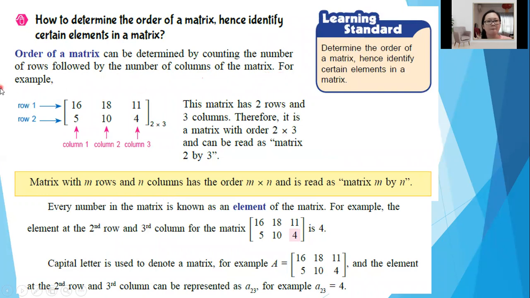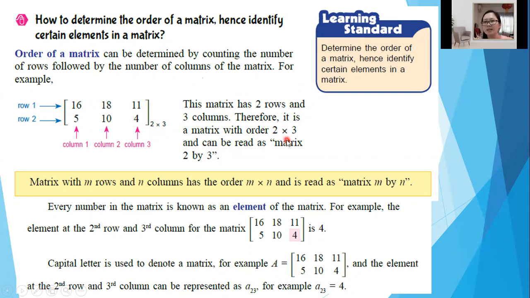For example, row 1, row 2. This matrix has 2 rows. Column 1, column 2, column 3. This matrix has 3 columns. Therefore, it is a matrix with order 2 times 3.